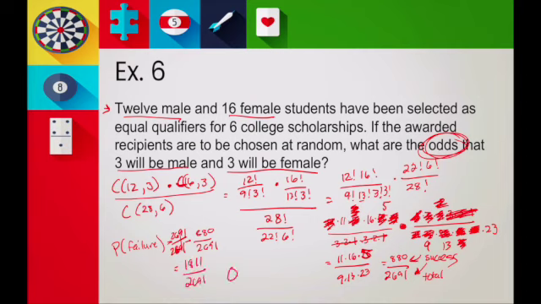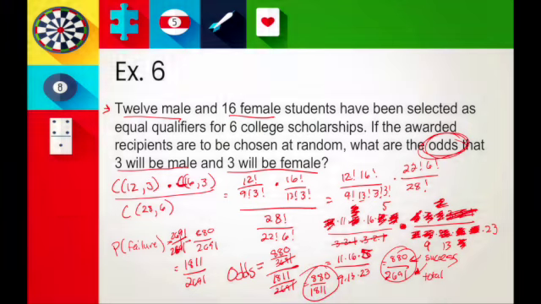So then your odds are success, 880 over 2691, over 1811 over 2691, and the 2691s cancel. It's going to be 880 over 1811.